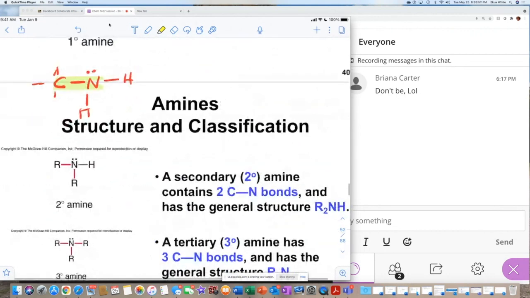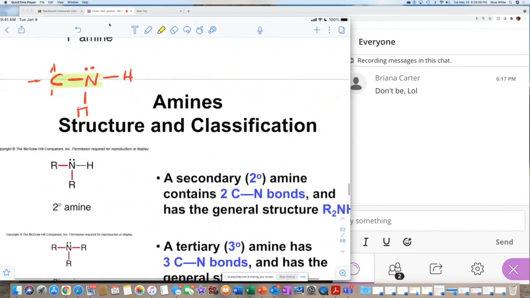And then you have secondary amine, where there's 2 carbon and nitrogen bonds. So here you can see you have N-H, you have C here, like that. So we have 2 CN bonds, 2 carbon attached to the same nitrogen, making this a secondary amine.